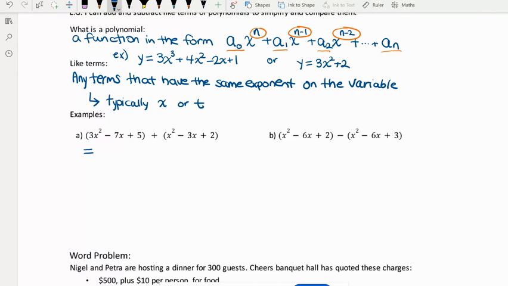Okay, so 3x squared and x squared, those are like terms. If you add them, you get 4x squared.